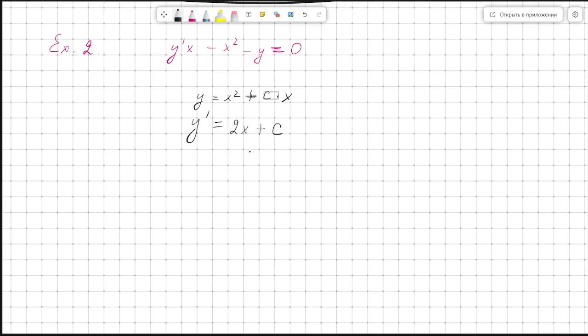Putting the expressions for y and y prime into the initial equation, we get the identity. y prime is 2x plus c, times x, minus x squared, minus y, which is x squared plus cx, minus x squared minus cx.